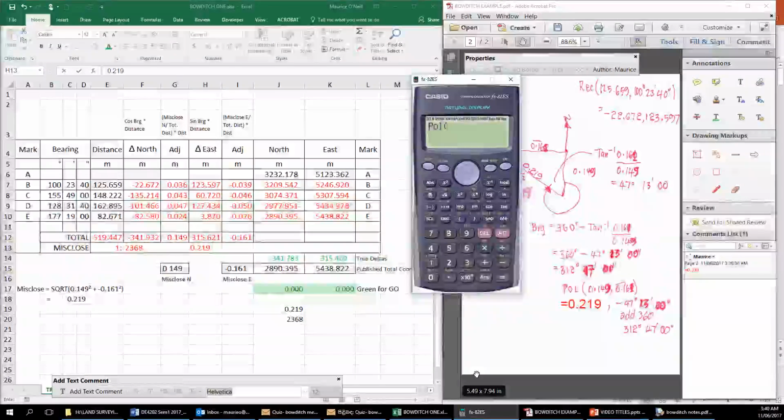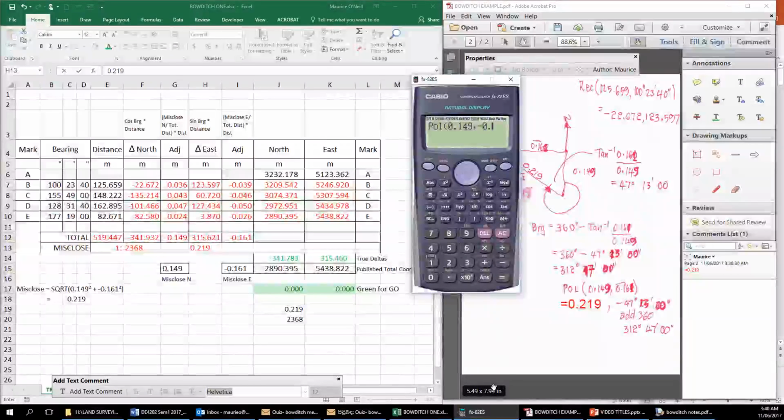So we've got 0.149, and then we use the comma, and minus 0.161. Close the bracket and push equals. And there we get our distance, 0.219.